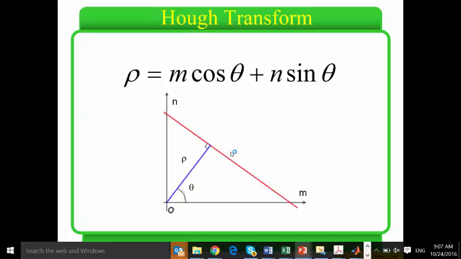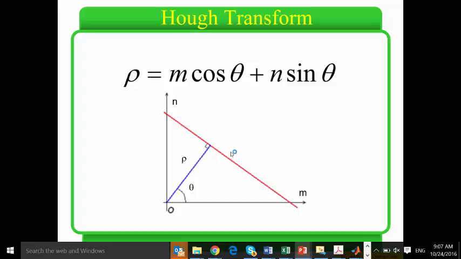First of all, this distance is m, right? And this distance is n. Clear?